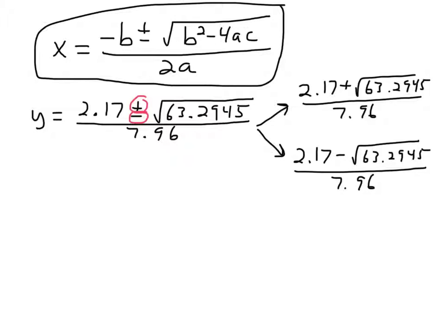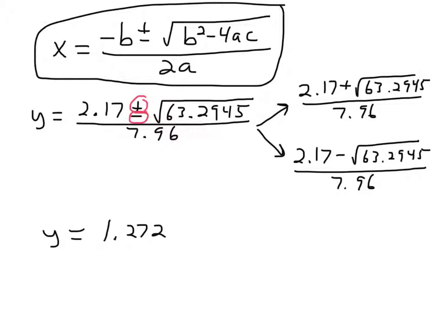I'll start with the one on the top. So when I put the one on the top, this one here, into my calculator and work it out, it comes out to be y equals 1.272. I'm rounding that off a little bit. There's actually more digits to it than that, but we'll round it off to 1.272 since we're looking for an approximate solution.